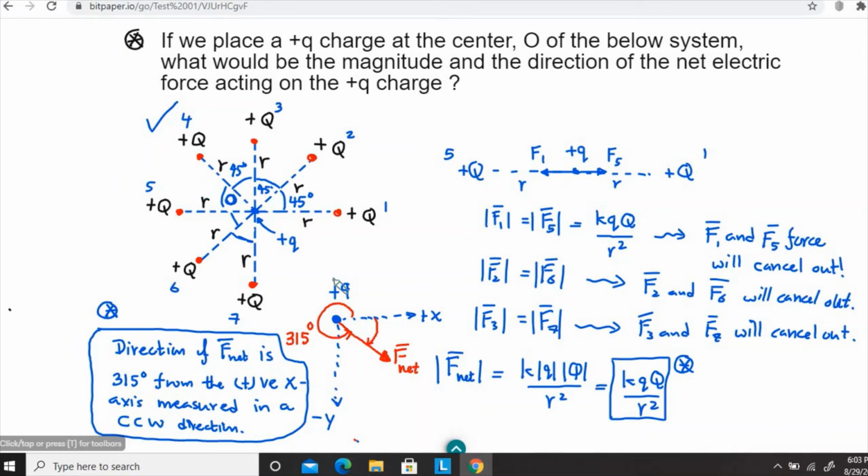For example, on this side, if you found an identical charge with the same magnitude and the same sign, then you'll see there won't be a net force acting on the charge at the center, because that force will cancel out with this force. But here there's a void. As a result, there's going to be a net force acting in that direction. So that's how you do this problem.